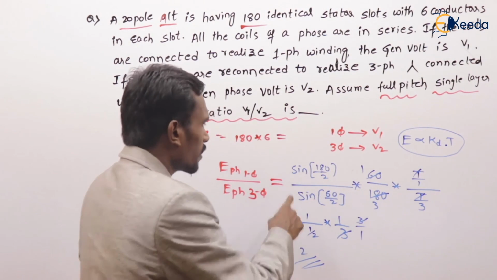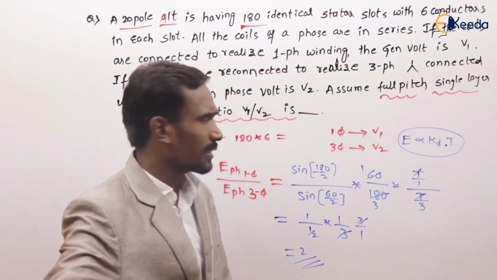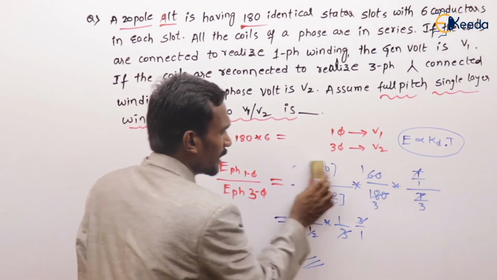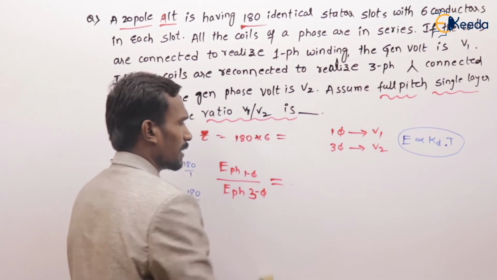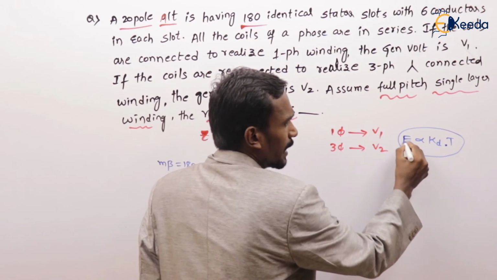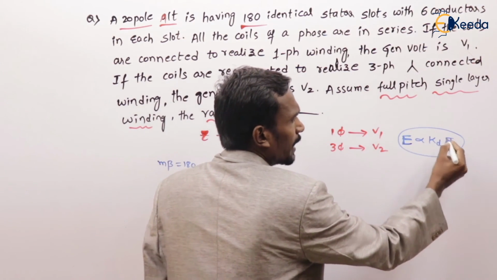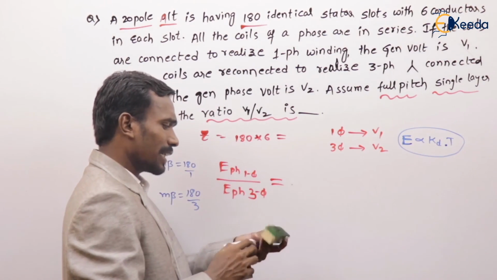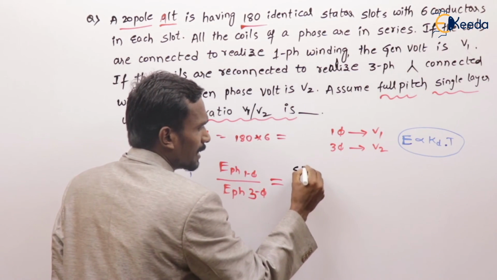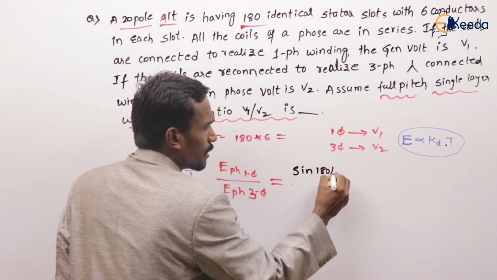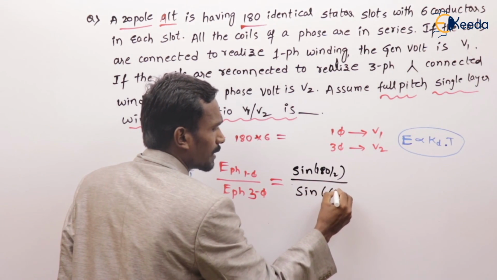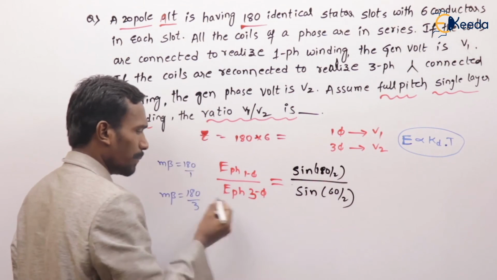Just once again see here clearly how we are doing this. For this we have a formula. E is directly proportional to Kd multiplied by T. For this, sin m beta by 2 divided by sin m beta by 2.